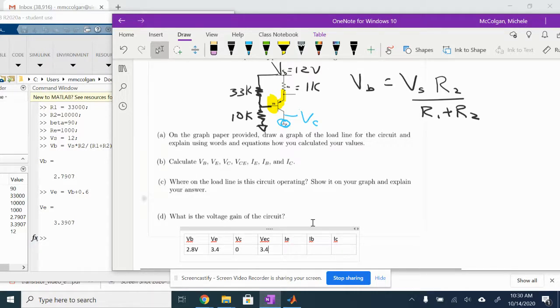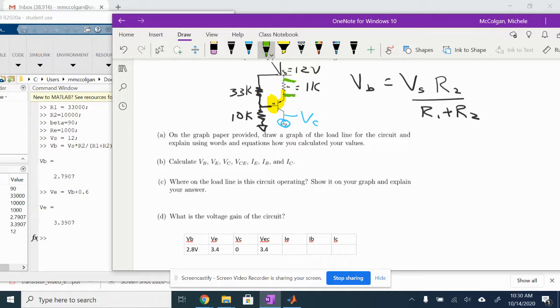So if I want to figure out what my IE is, that's the next step. What I can do is look at the voltage drop across my RE, which is the voltage from the top to the bottom. So I know my VS is 12, and I know that my VE here is 3.4.